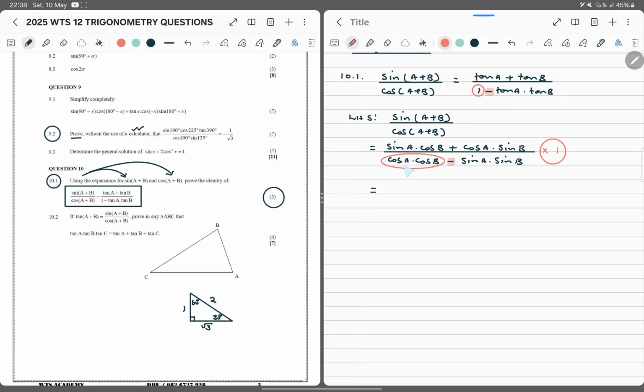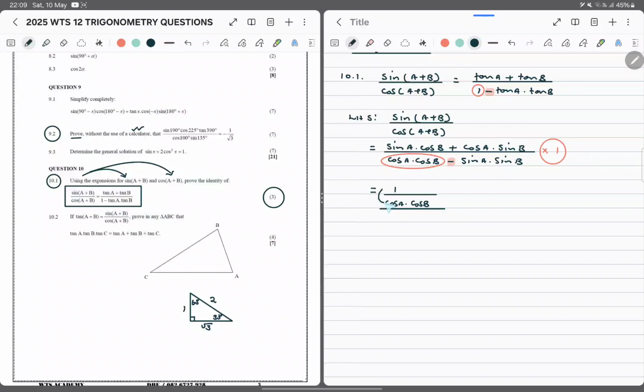If we want to divide by 1 here, we essentially multiply by 1 over cos A times cos B, all divided by itself.